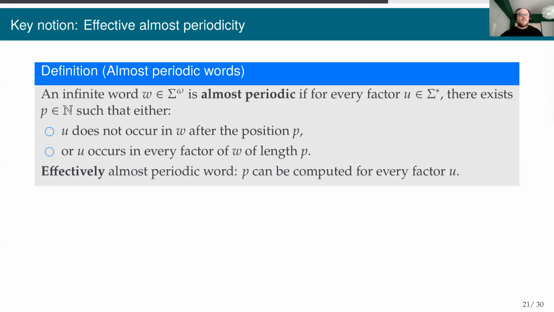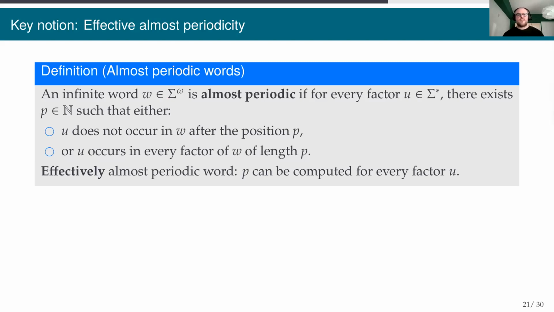Okay, so how do we do this? Well, the key notion is effective almost periodicity. An infinite word is almost periodic if either every factor appears in W only finitely many times, or it appears uniformly recurrently.